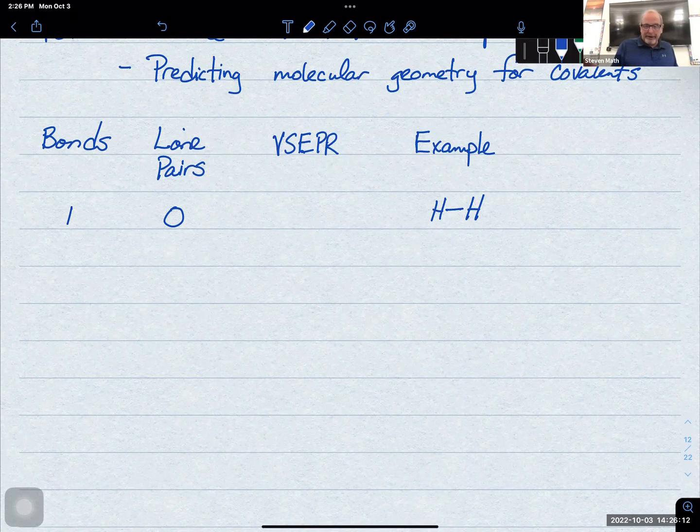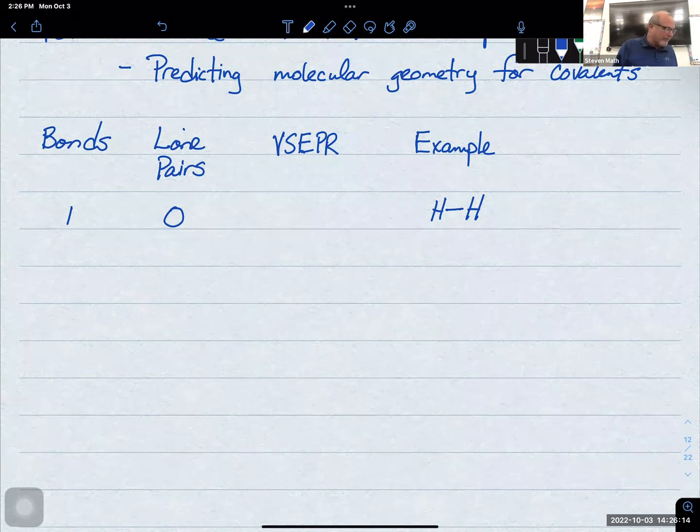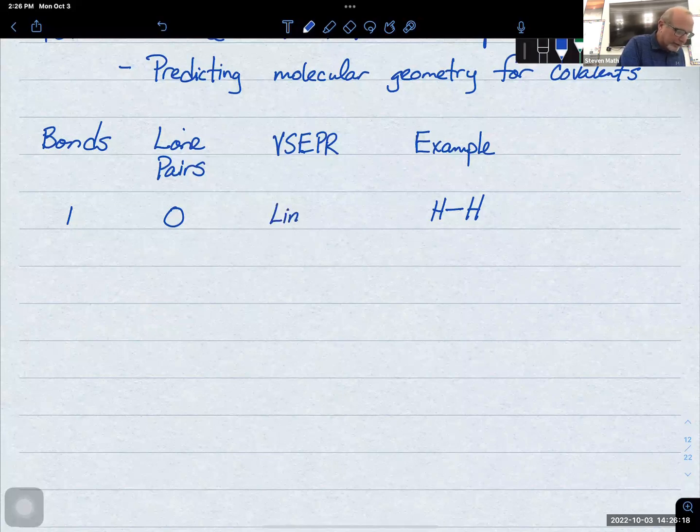There are no lone pairs on anybody. Everything would be fine. This VSEPR shape we're going to call geometrically, it's linear. And if we look at the angle there, between the two hydrogens, that angle is 180 degrees. As I say, this is just molecular geometry.